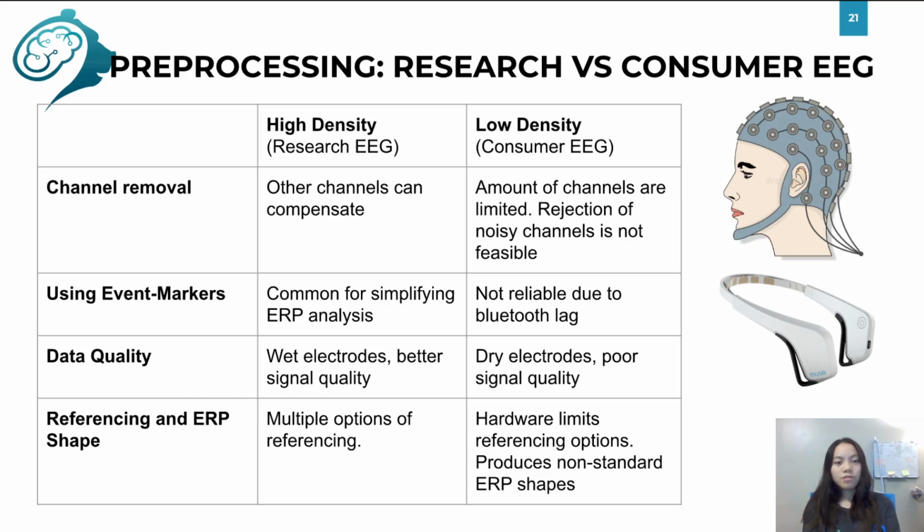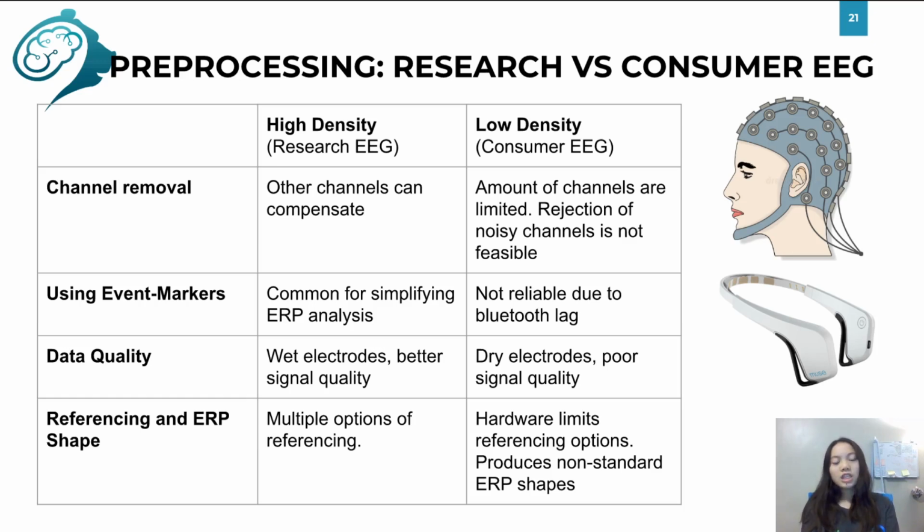There are some differences in preprocessing between high-density research EEG and low-density or consumer EEG. High-density EEG systems are great for standardized research, whereas consumer EEGs can be used for entertainment and self-help applications because they're more convenient and faster to set up.